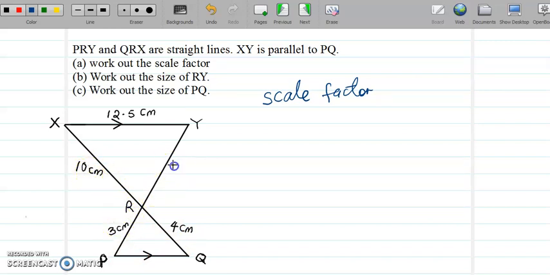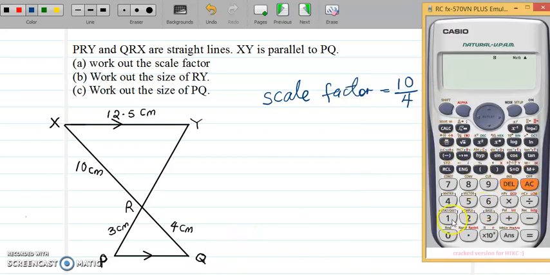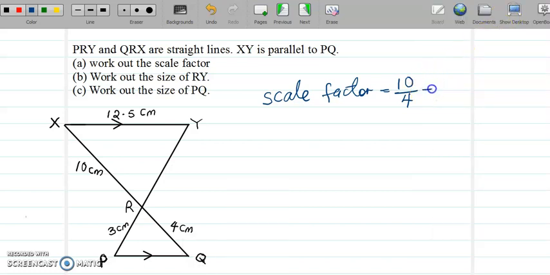Since we know the two values of the corresponding sides, the scale factor will be 10 divided by 4, the known sides we have. So 10 divided by 4 gives us 5/2, that means 2.5. So the scale factor is 2.5.